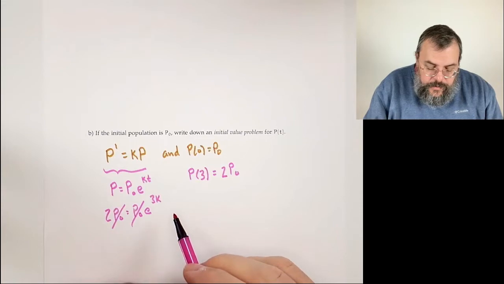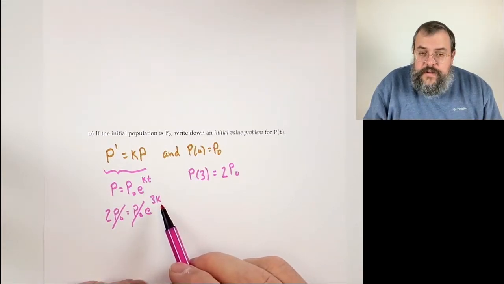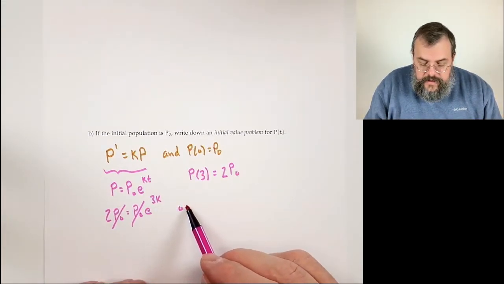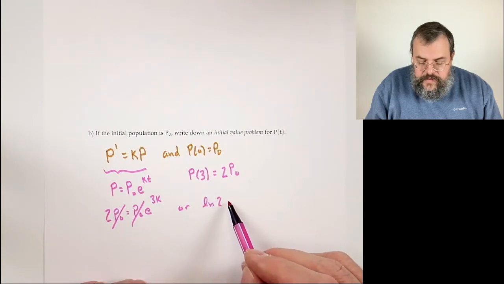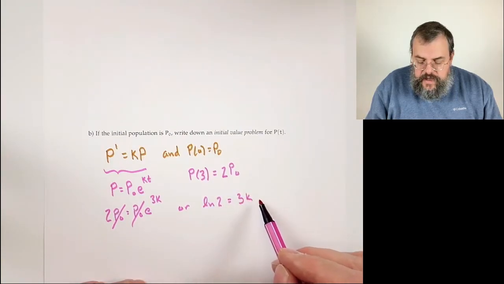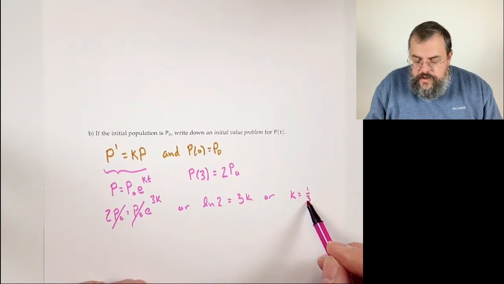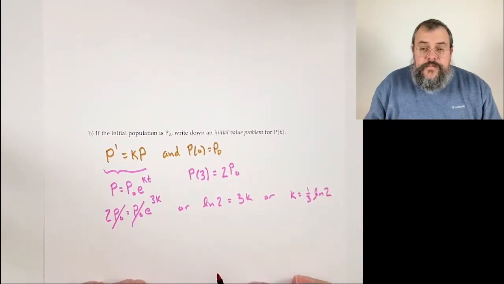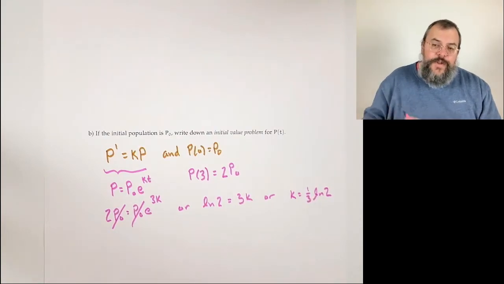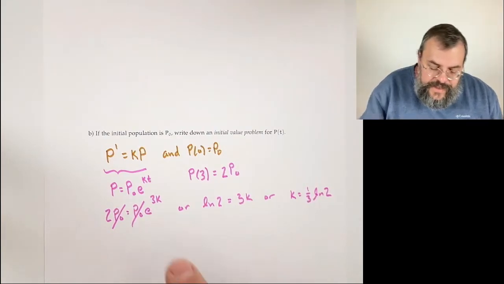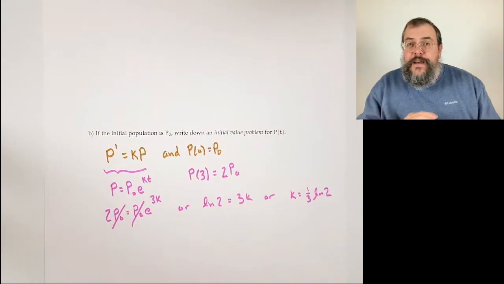Okay, so we're almost there. We just need to solve for K. All right, so that says log of 2 is equal to 3 times K, or K equals 1/3 natural log of 2. So, with this in mind, we now can answer B completely.